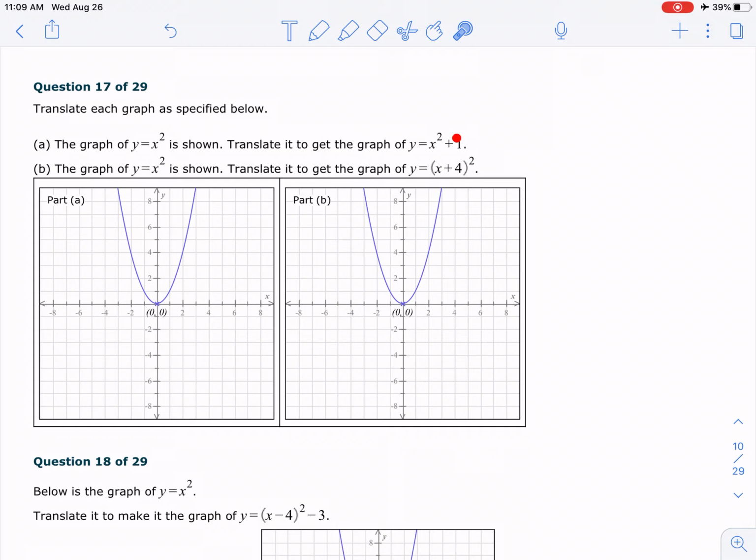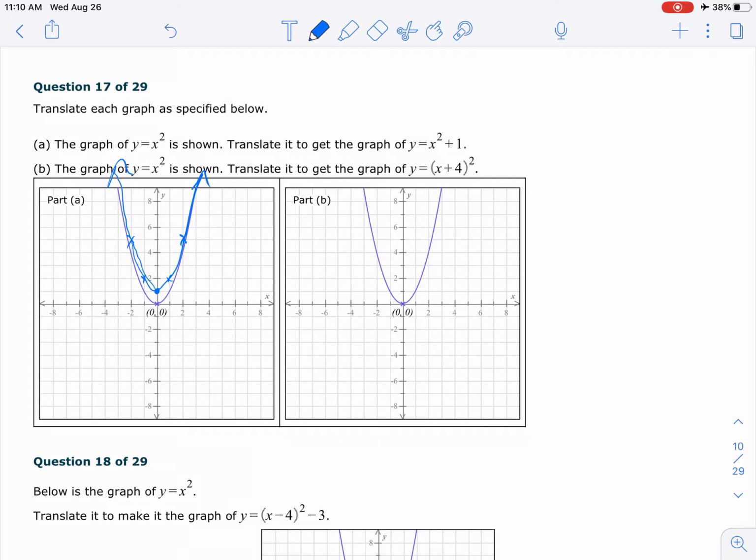Okay, so you can see right here we have plus 1. So all you have to do is take the graph and shift it upward one unit. So we have the graph right here. So that's our graph.